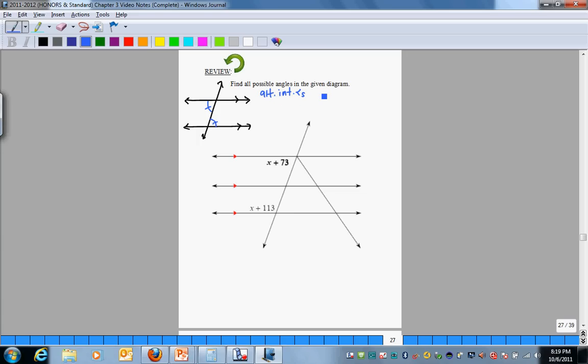First off is alternate interior angles. The nickname I have for those are armpits of the Z. Those are always congruent.